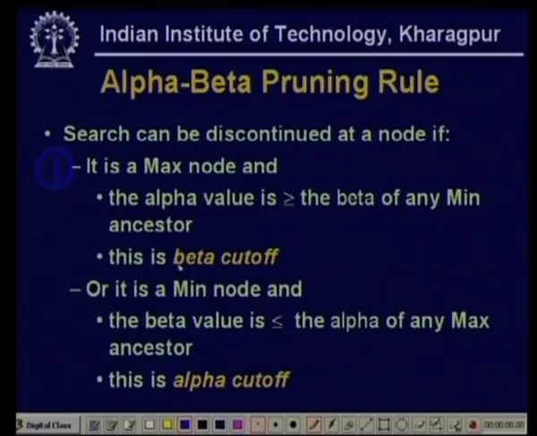This is called beta cutoff. The other case which we just discussed is if we have a min node and its beta value is smaller than the alpha value of any of its max ancestors, then also search can be cut off. This is called alpha cutoff.